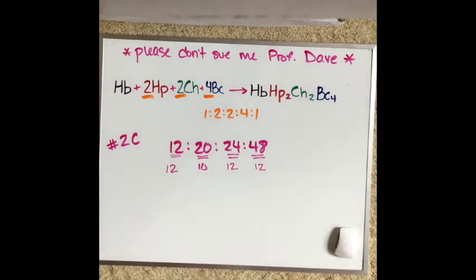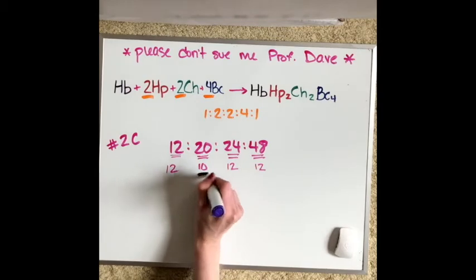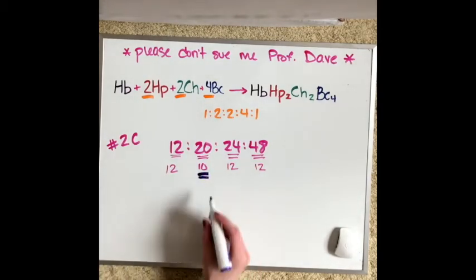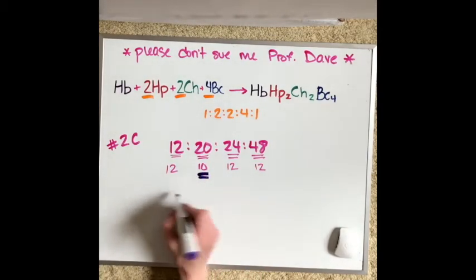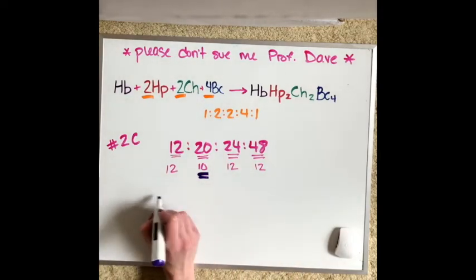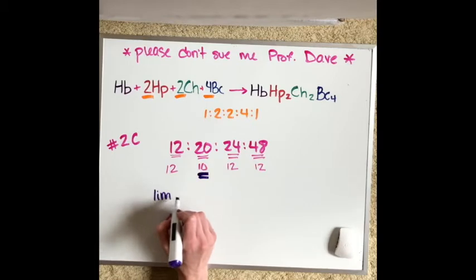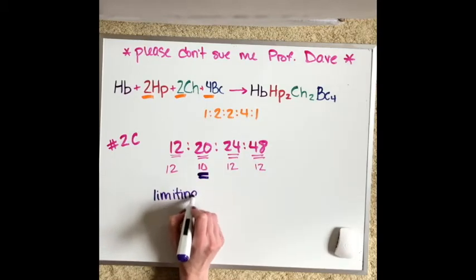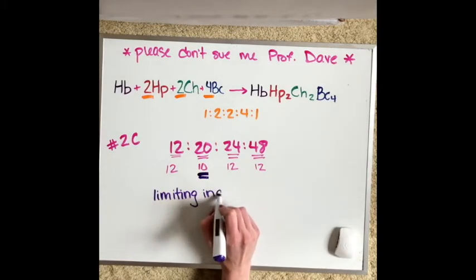So it looks like of all of our ingredients, we would run out of patties first. We call that the limiting ingredient, the one that runs out first.